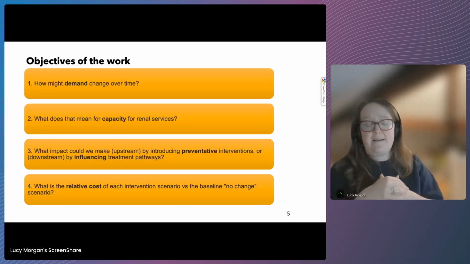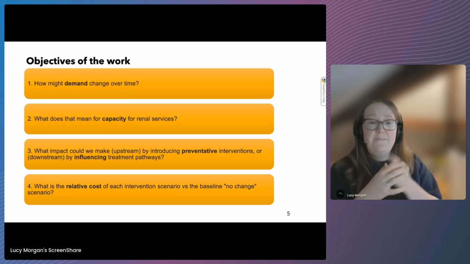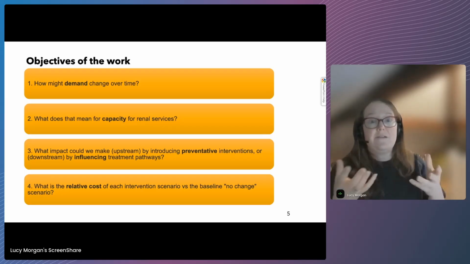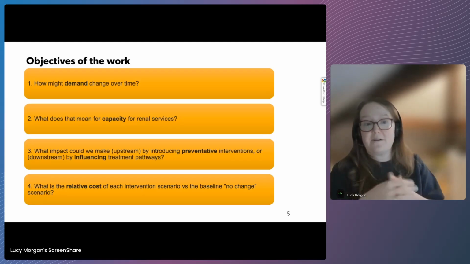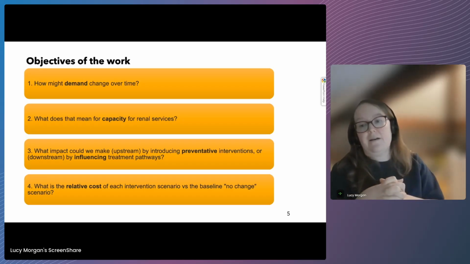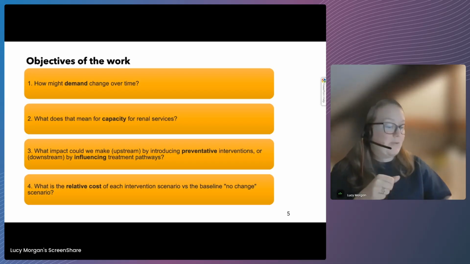And then also looking at the relative cost of each intervention versus a baseline no change or status quo scenario where we project forward if nothing was to change over time, what might we see?